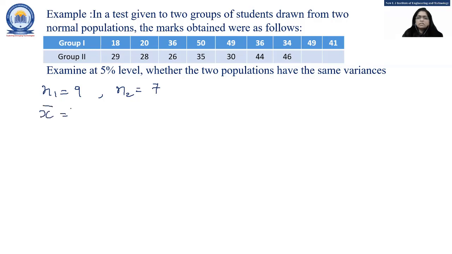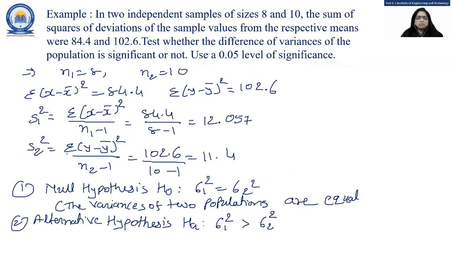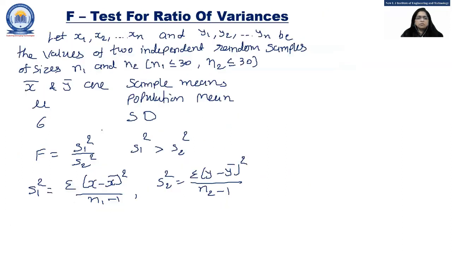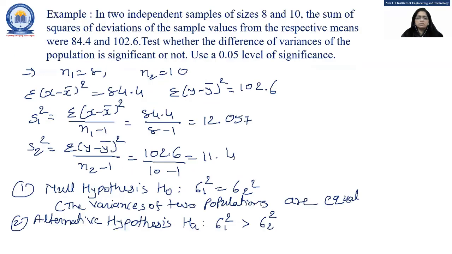X bar is the average of the first group, and that is 37. And y bar is the average of the second group, and that is 34. Here, s1, you know the formula, sigma (xi minus x bar) the whole square upon n1 minus 1. We already discussed this in the earlier slide.